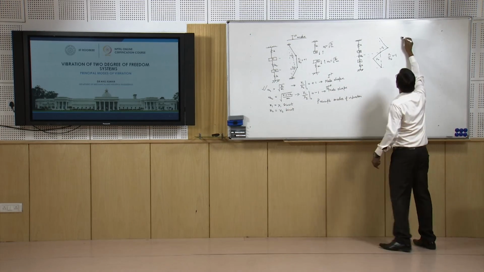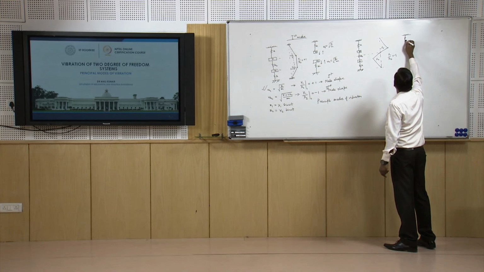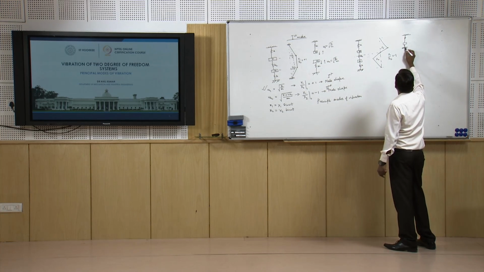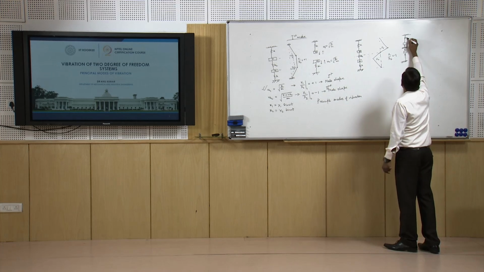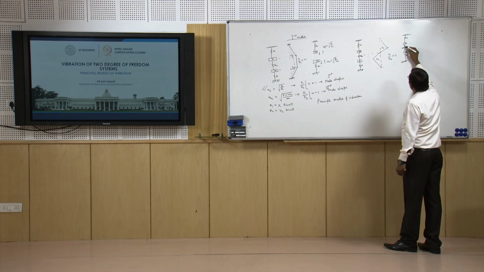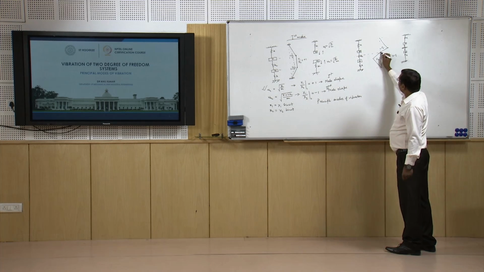So if we make the system like this, with K, K, M, M, this spring is cut into half, because at the middle this point is fixed.